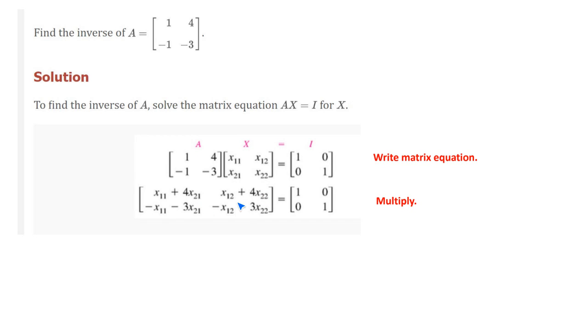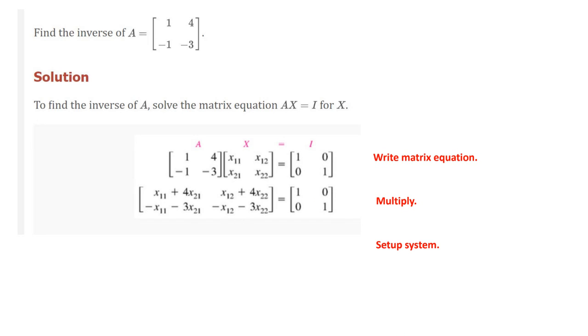These numbers I'm getting just by multiplication. The next one would be negative 1 times x11, and negative 3 times x21. Then this times the next column, and this number times this number here. And so we end up with this, and all we know is that this is equal to our identity matrix.